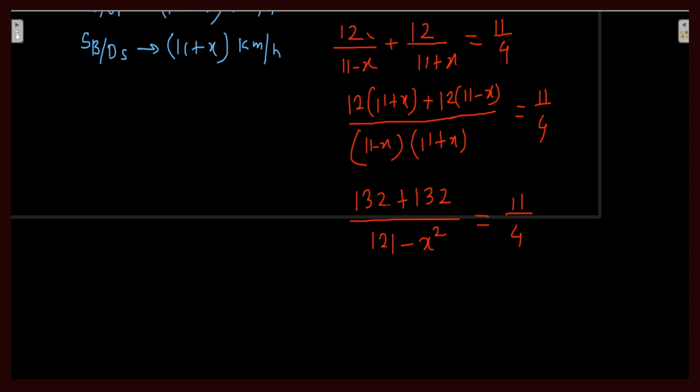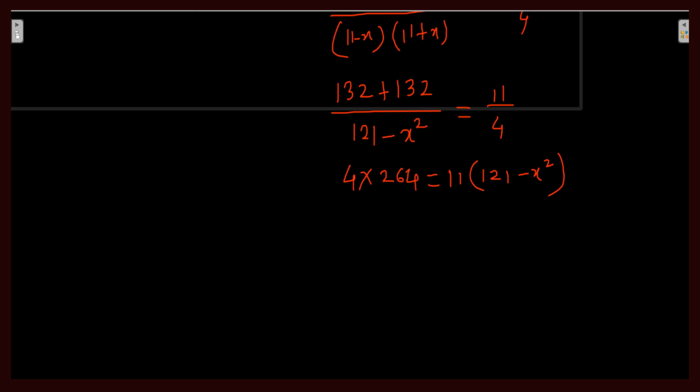Now cross multiply. So this will be 4 into 132 plus 132, that will be 264, which is equal to 11 into bracket 121 minus x square.